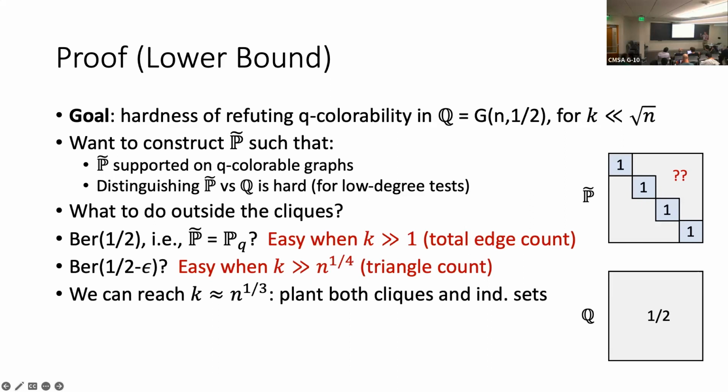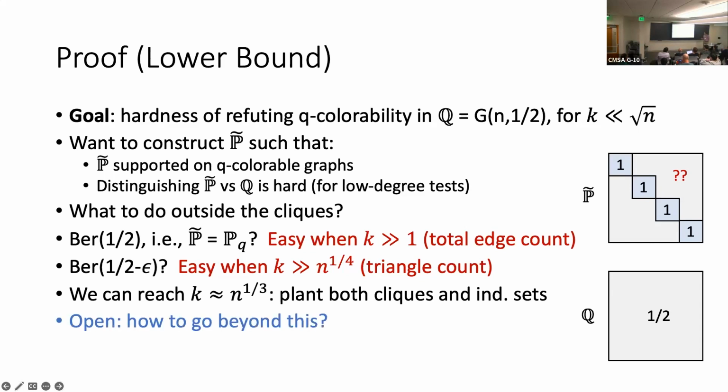You can imagine your vertices are in a grid, and each vertical line is a clique and each horizontal line is an independent set, and all the other edges are 1/2 probability. That's roughly the construction. So that in some sense fixes the triangle counts, but now the 4-cycles are still the bottleneck.